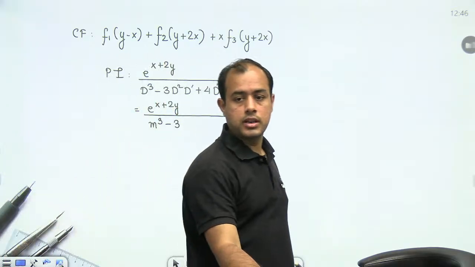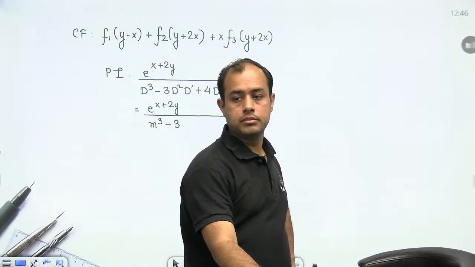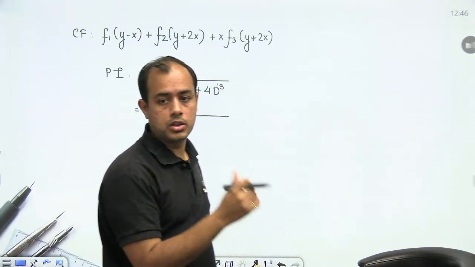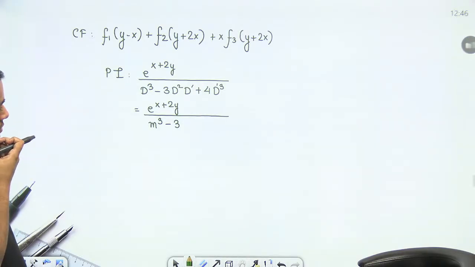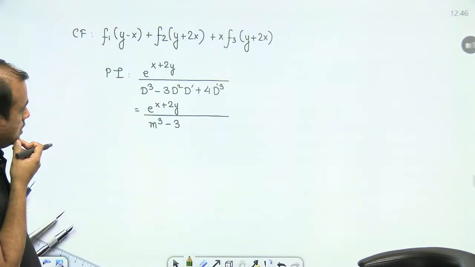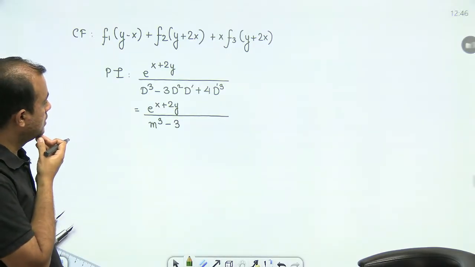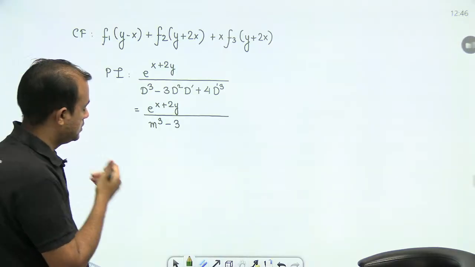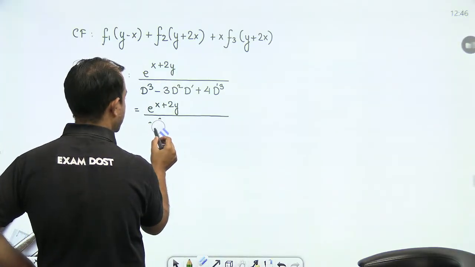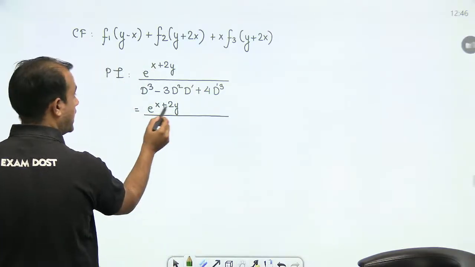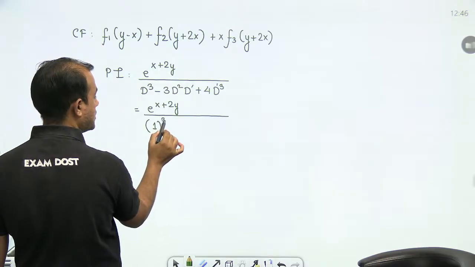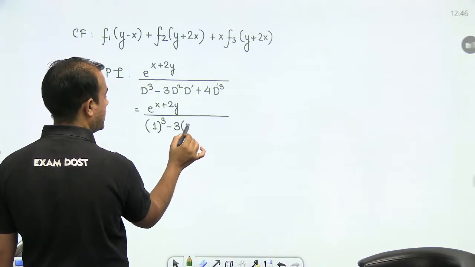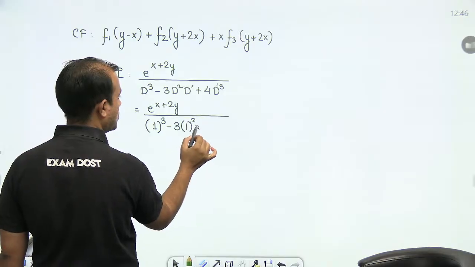So what you will do is, x plus 2y. Do one thing. Based on x plus 2y, put d equal to 1 and it is 2y, so put d dash equal to 2.